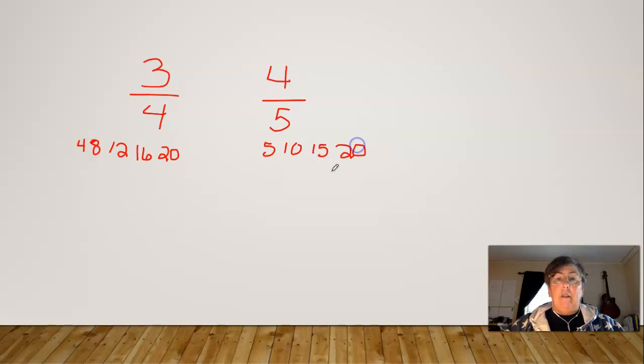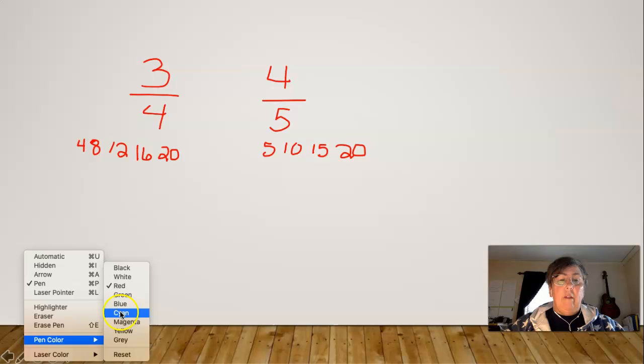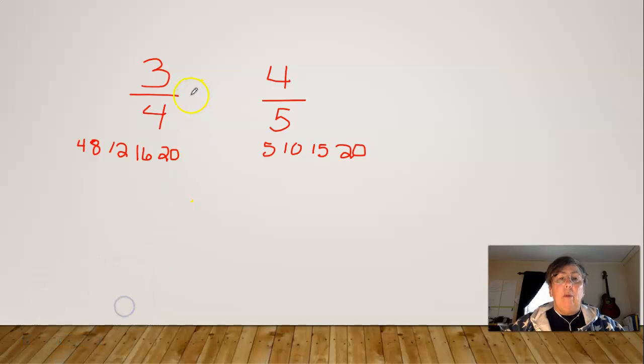Oh, it was. That one did work. I liked how that one worked. It was kind of easy. All right, let's see. We'll go back to blue. So we found this one here is the smallest one they have in common. Doesn't always work out that way, but it did this time.